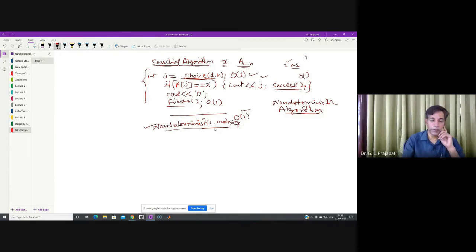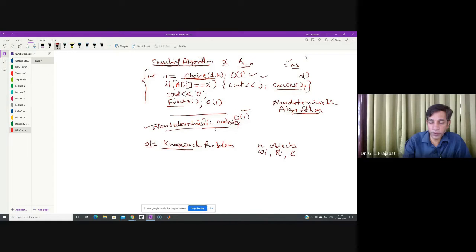Like you have seen the 0-1 knapsack problem. In the 0-1 knapsack problem, we have assumed that you have n objects, and every object has some weight of the ith object, and you have the profit of the ith object, and you are given some capacity of your knapsack.